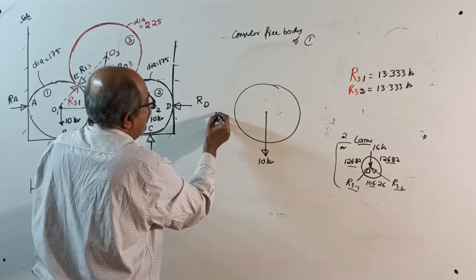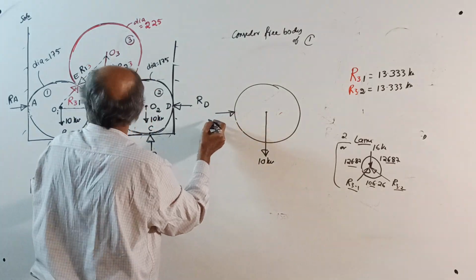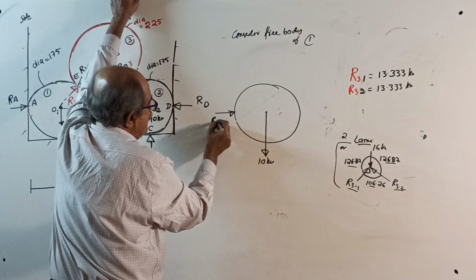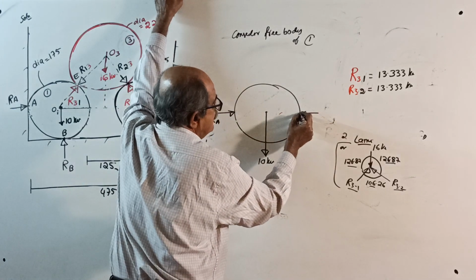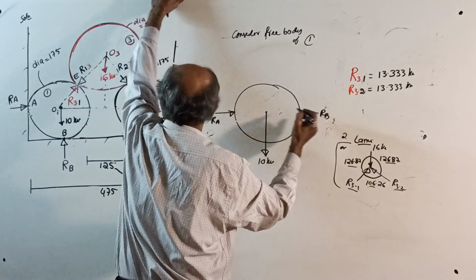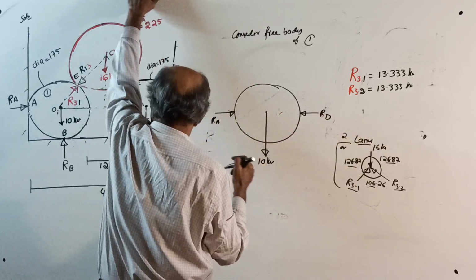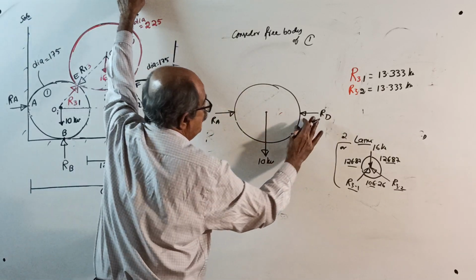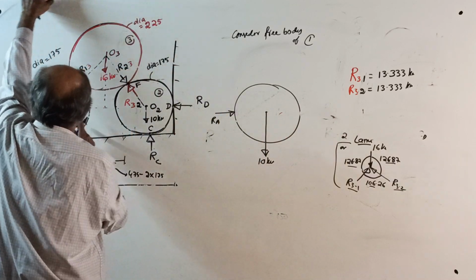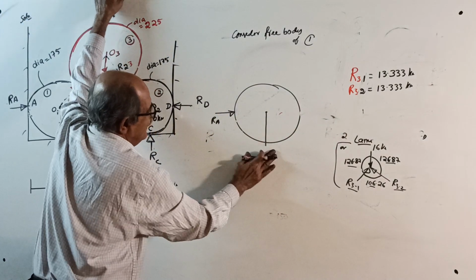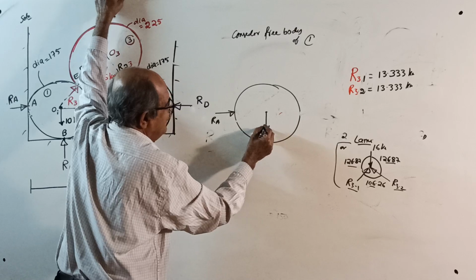Then one reaction here, RA. One reaction here, RD. Oh, no, sorry. Here, this cylinder, RA.